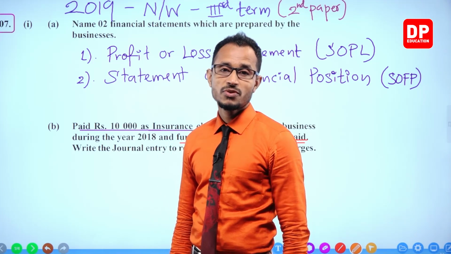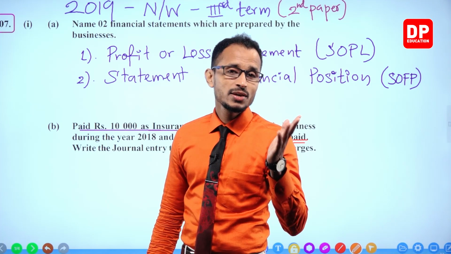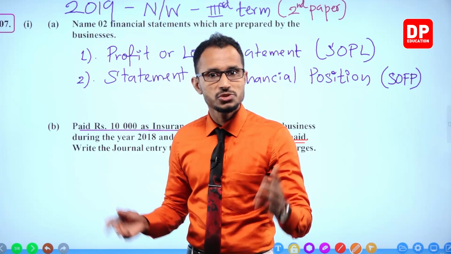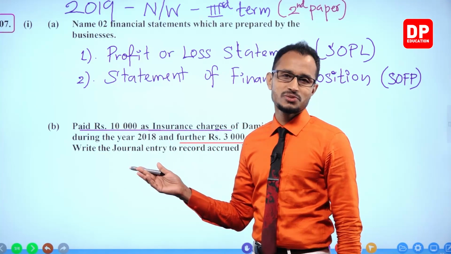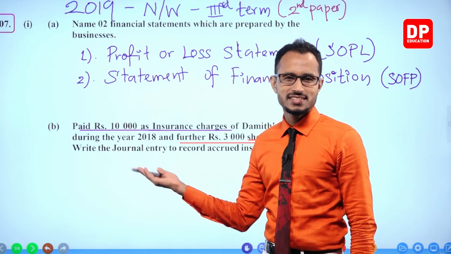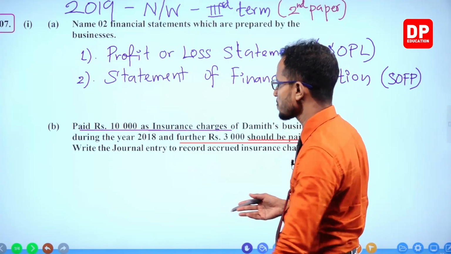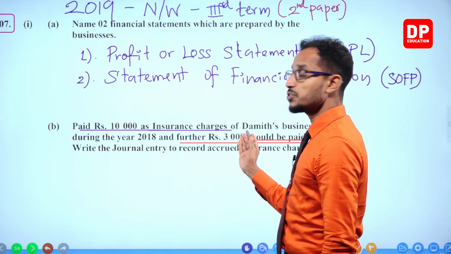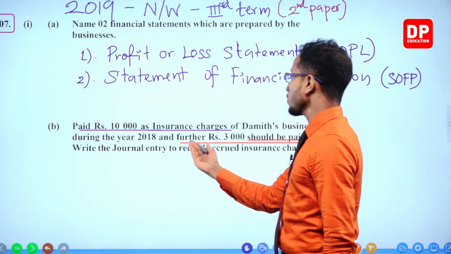In this type of a question, sometimes you can go wrong. You end up thinking about the paid insurance and you record the double entry of paid insurance. I have seen it. Some students get confused. So, paid insurance is not the double entry that we should write here. We should write the double entry for accrued insurance.